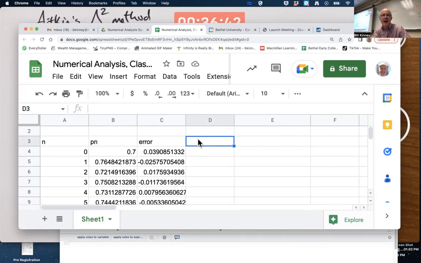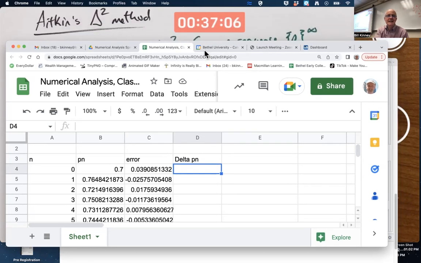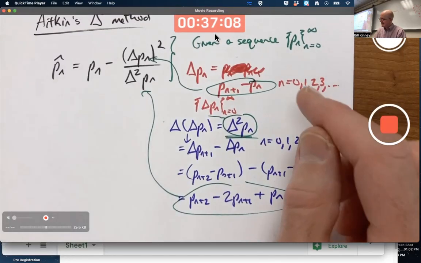So what's the goal here now? The goal is to accelerate the convergence of this sequence according to Aitken's delta squared method. Let's go ahead and make a new column that we could call delta Pn. Symbolically, if I'm writing it by hand, capital delta P sub n. It's a new sequence. Again, its formula is right there.